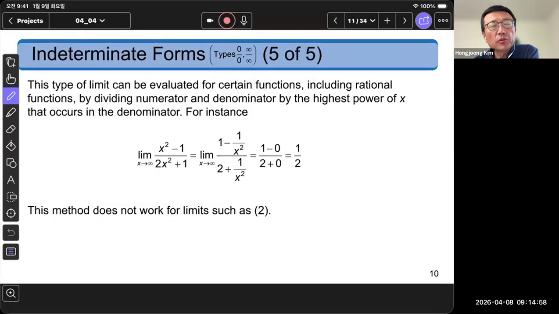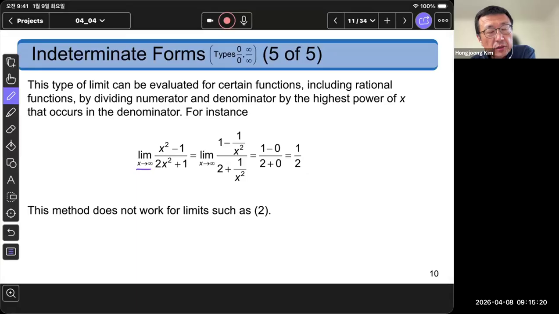So in this example, if I have this rational function, (x^2 - 1) over (2x^2 + 1), and here x diverges to infinity, that means the value of x increases without bound.